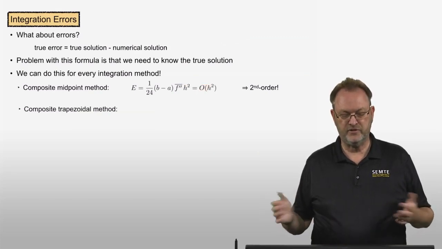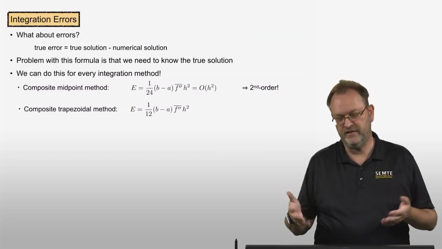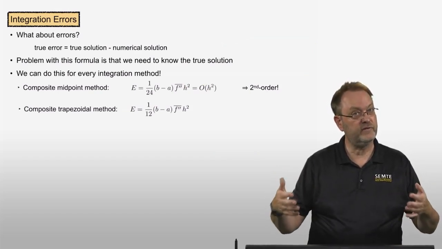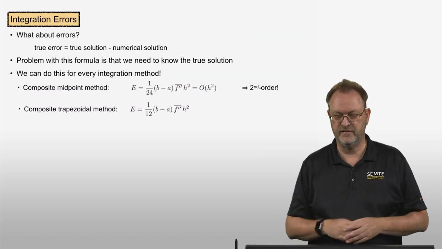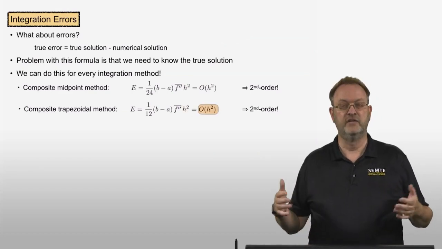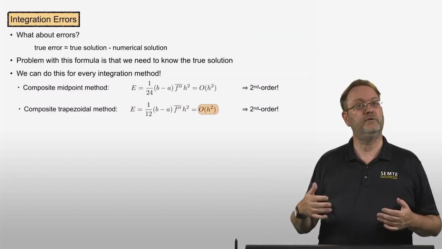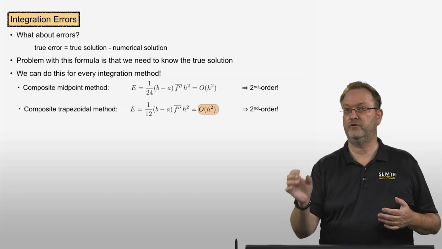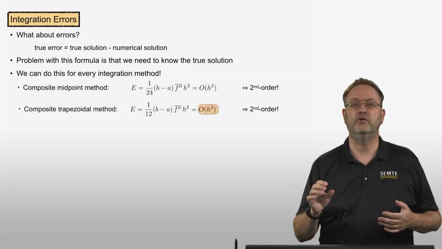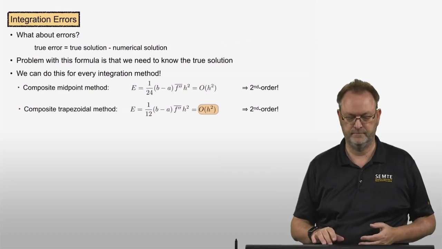The composite trapezoidal method has this form of the error, and there it's the average of the second derivative over all the subintervals. But the important thing is that this is proportional to h squared. So again, this is a second order method, which means that if you reduce the spacing h by a factor of 2, your error will go down by a factor of 2 squared. So it would go down by a factor of 4.